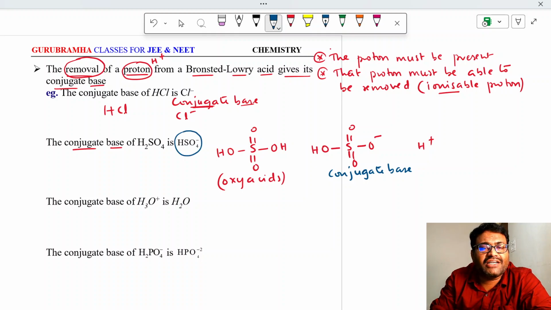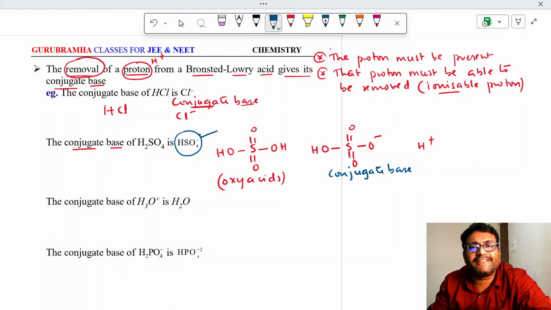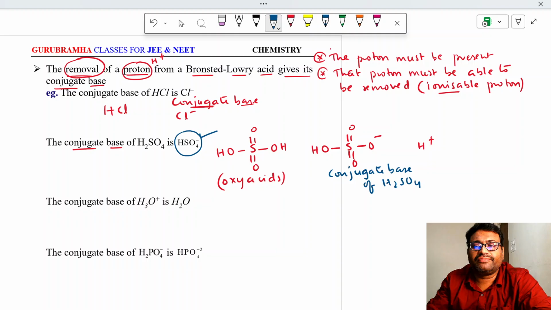HSO4 minus is called the conjugate base of H2SO4 because removing a proton from H2SO4, you get HSO4 minus. Are you getting this? Conjugate base of H2SO4.